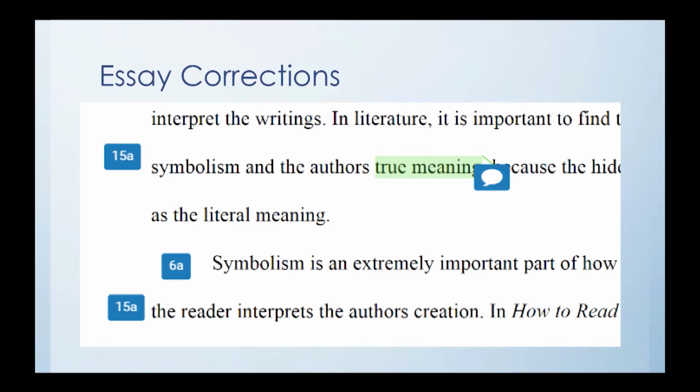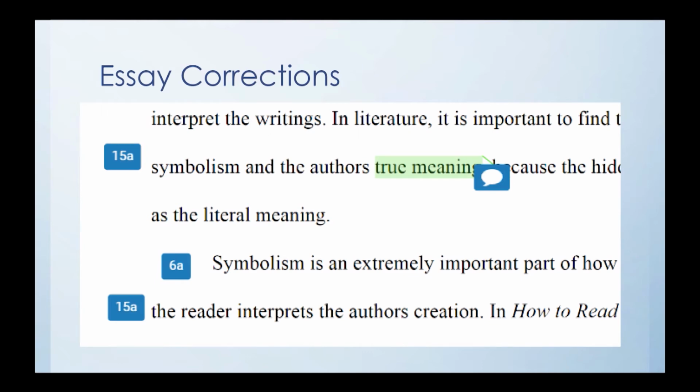And they're already labeled. So you can see I've got 15A, 6A on the student's paper. 15A means that there's a problem with an apostrophe in that section, and 6A is subject-verb agreement issues. So I put it on the line that it takes place in.